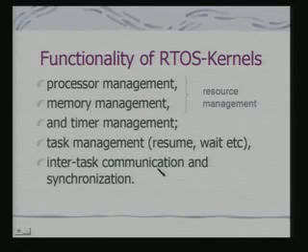So, what are the functionalities of a real-time kernel? Obviously, processor management is key, along with memory management and timer management. Among the devices, the timer is the most important device and it has to be universally managed. Other devices are picked up depending on whether they are available or not. The other thing is task management, that is resume, wait, start, etc., and inter-task communication and synchronization for shared resources.